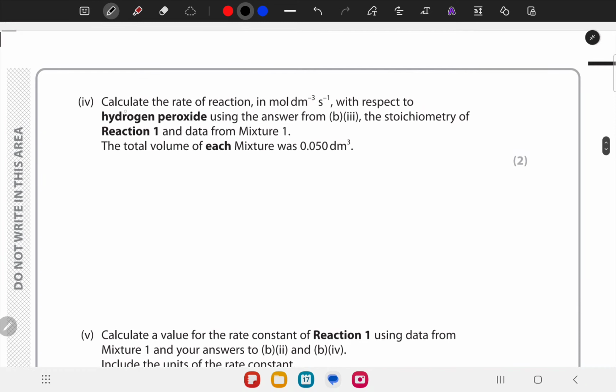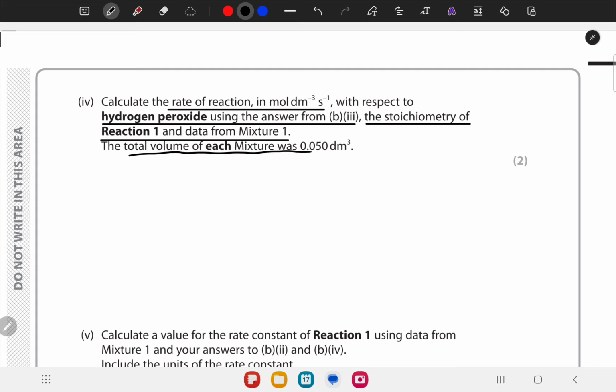Now in part 4, we have to calculate the rate of reaction in mol per dm³ per second with respect to hydrogen peroxide using the answer from B3, the stoichiometry of reaction 1 and data from mixture 1. We are given the total volume of each mixture was 0.05 dm³.